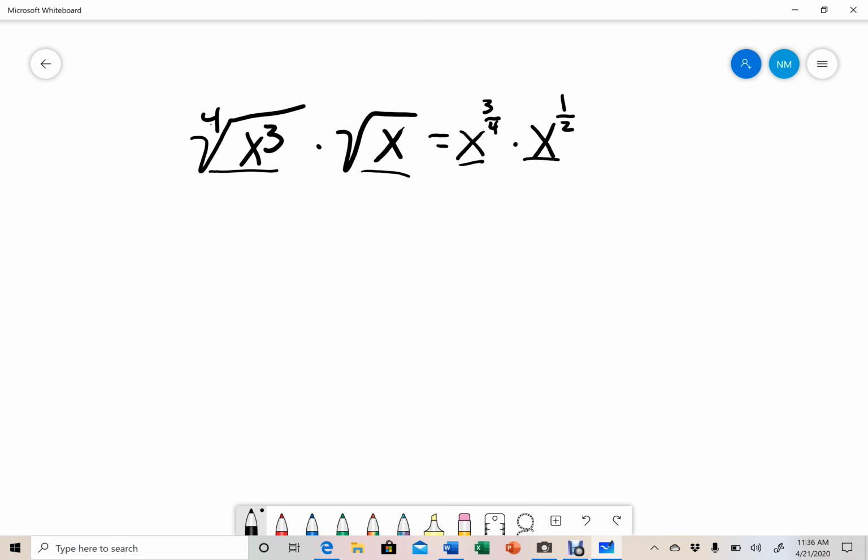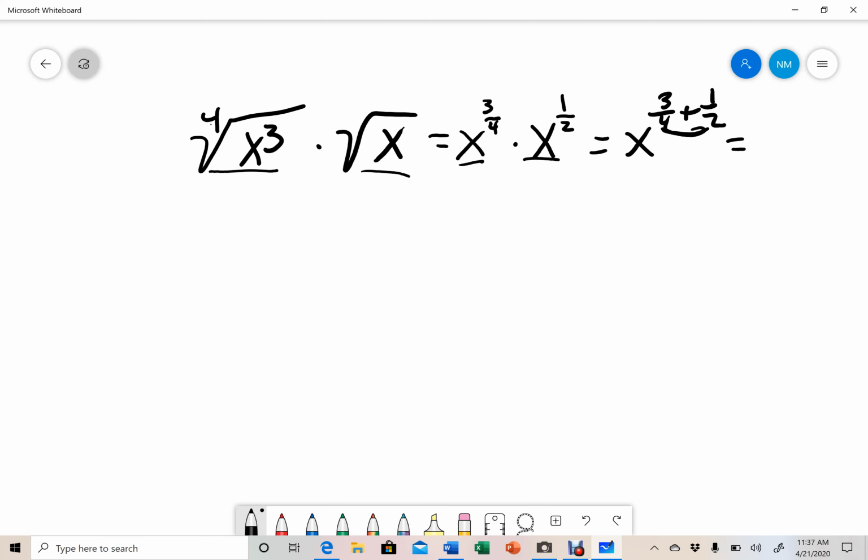Now I want to add these two together. So I want to say x to the 3 over 4 plus 1/2. The problem is when I'm adding fractions, what do I have to have? It has to have a common denominator. So I have to turn this fraction into a fraction that has a 4 as my denominator.